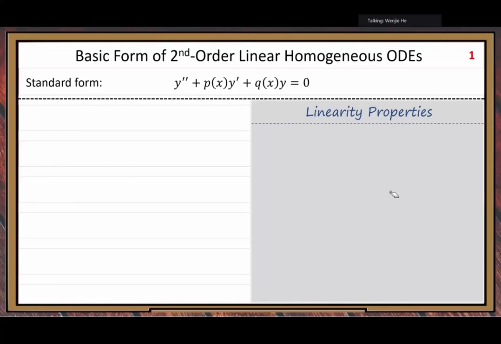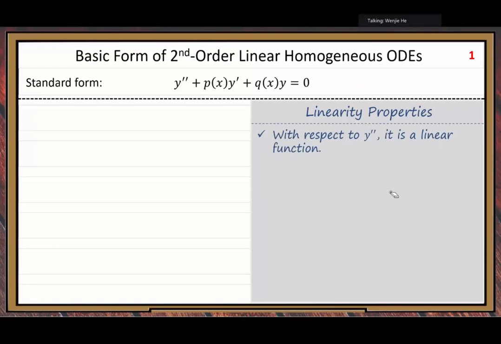First, let's study the linearity property. This property is useful. I mentioned it a little before, but here we need to get a good understanding of this property.